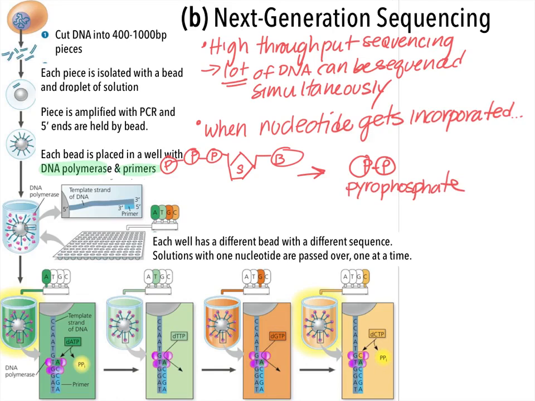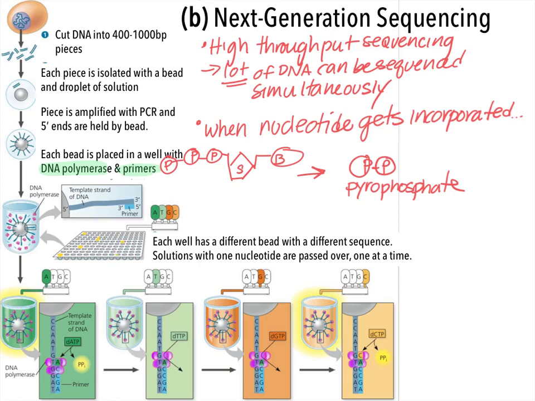So if this happens in any of these sequences that we're trying to read inside of all the different wells, so let's say it happened here, here, here, here, wherever that nucleotide containing an A got incorporated, like it did in this example down here, then a light signal will get released.